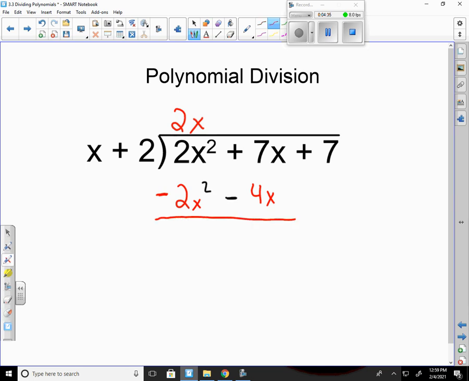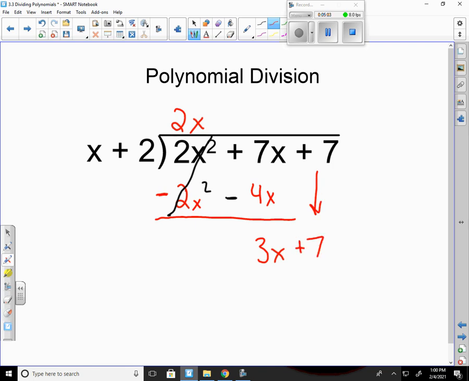Now I just subtract right down. Whenever I do the subtraction, if this doesn't cancel out, I did something wrong. 2x squared minus 2x squared gives me 0x squared. Like I said, if that doesn't cancel, then you did something wrong. Next I need to do 7x minus 4x, and that gives me 3x.